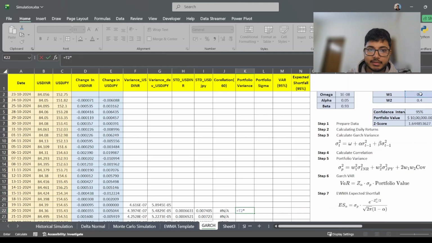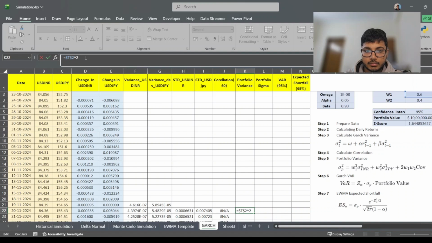Just write it down like weight squared multiplied by dollar INR variance, plus 2 into weight 1 multiplied by weight 2 multiplied by, since we just calculated correlation, not covariance, we are going to multiply the standard deviation of dollar INR, then the standard deviation of dollar JPY, and then multiply with the correlation.